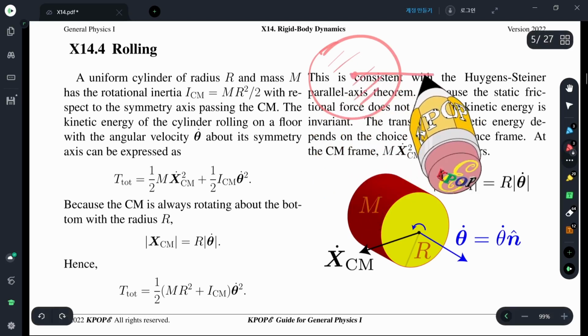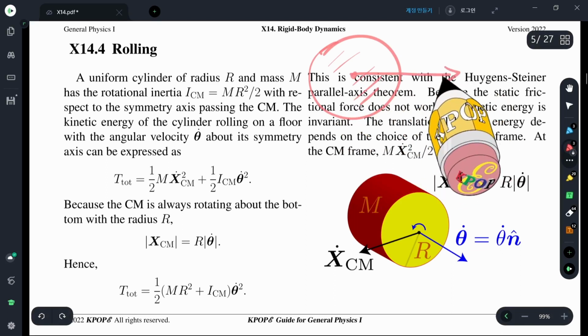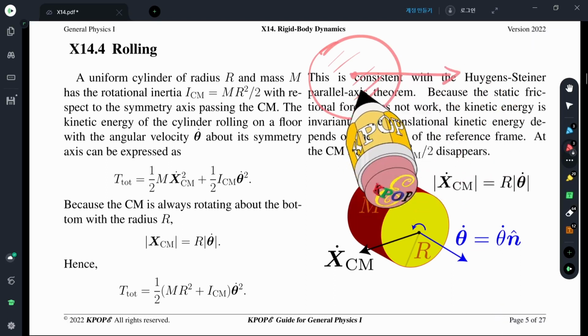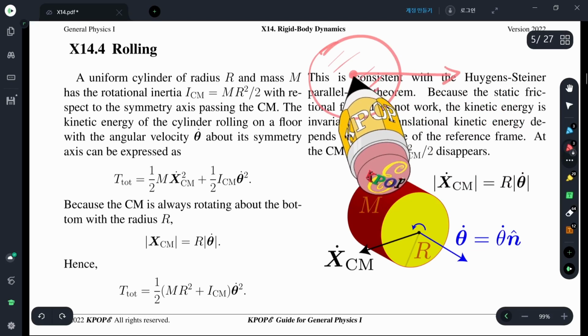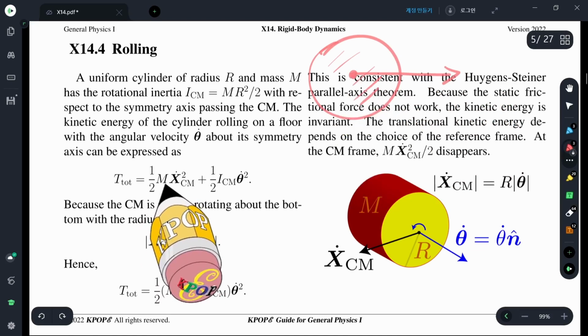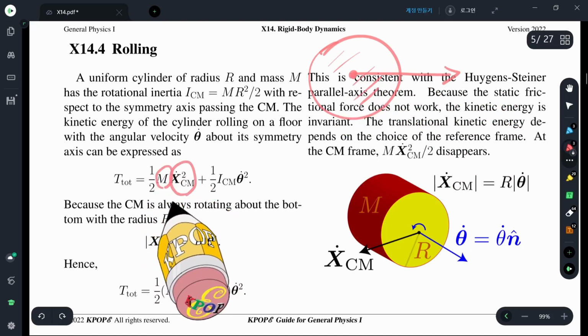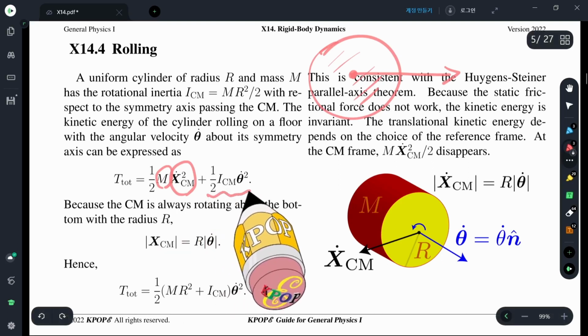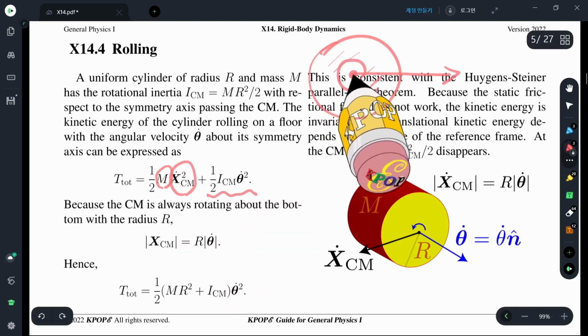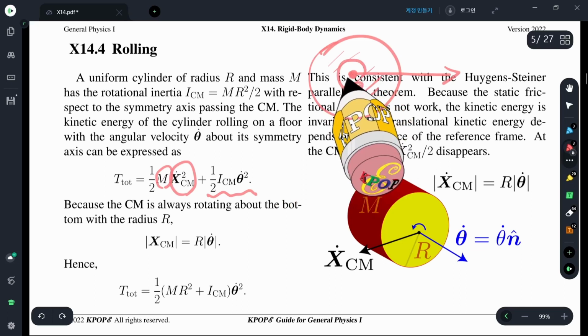It should be a sum of the linear motion and rotational motion. The linear motion is represented by 1/2 total mass multiplied by the center of mass velocity squared. That is the translational kinetic energy. And another contribution is the rotational kinetic energy about the center of mass.